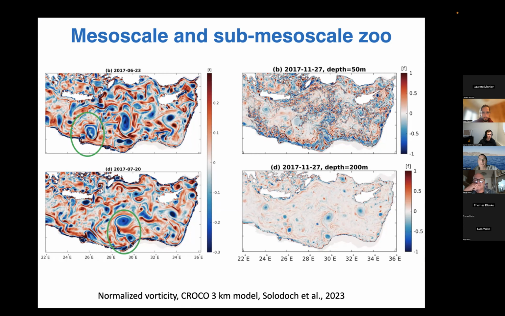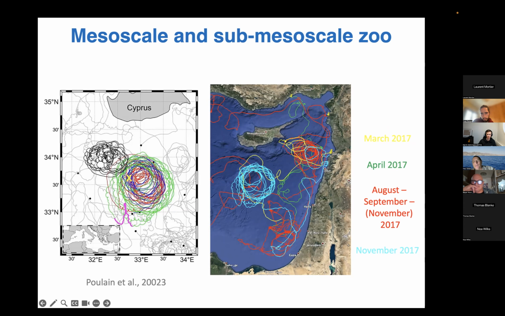Then a drifter that arrived in early August was trapped here in this eddy for a few months, and then another one that was ejected from the Cyprus eddies and again entered into this area, again stayed here for a very short while. So all these eddies are very dynamic. They can move from one place to another.